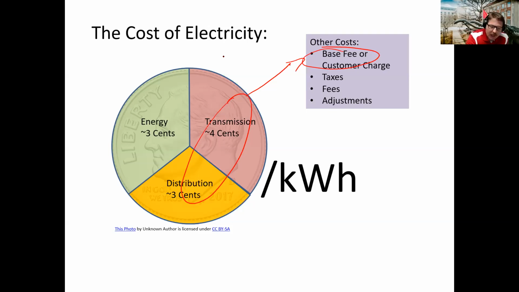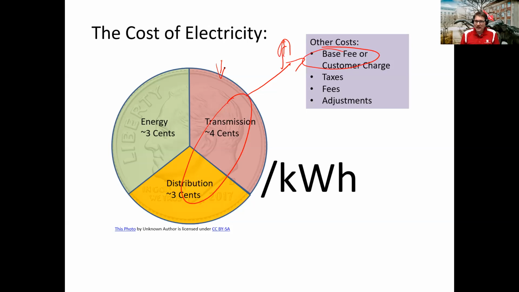And then we raise that base fee, but we might lower, or not raise as fast, our per kilowatt hour charge, right? So it would offset if they were to raise that. That's happening across the United States in different places. There are different ways of moving these around. And the level of transparency in your bill varies across different utilities. I can tell you that in my bill, I couldn't even tell you what my base fee is. I'm not on LES, by the way.